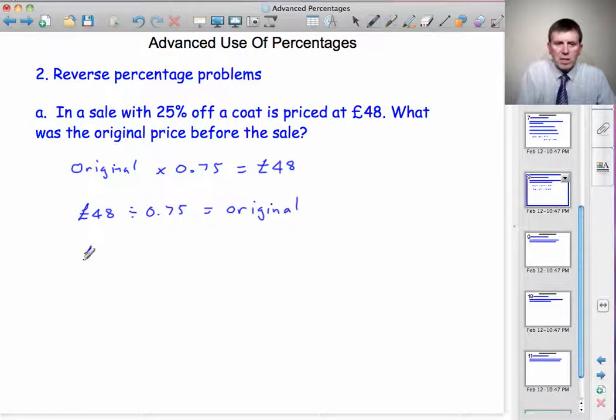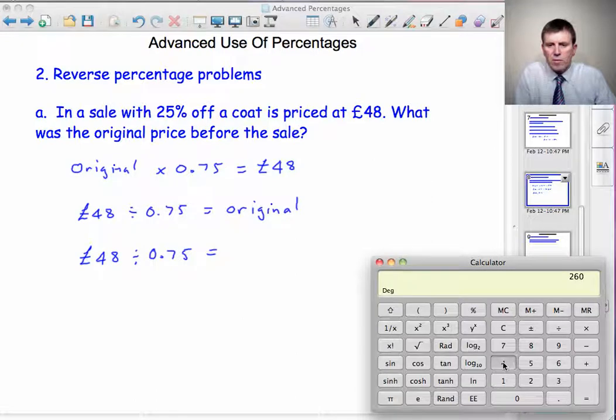Let's see what that is. £48 divided by 0.75 is equal to, use the calculator, 48 divided by 0.75 is equal to 64 pounds.